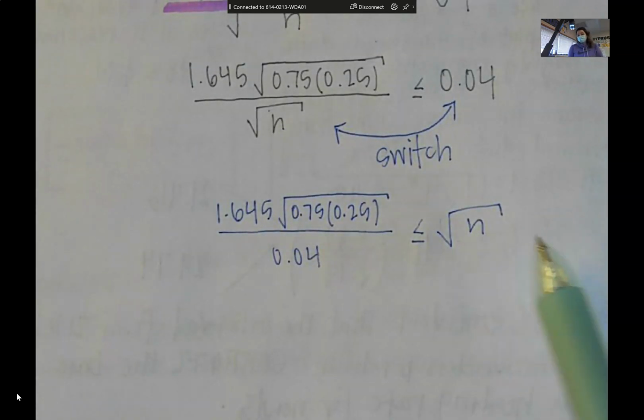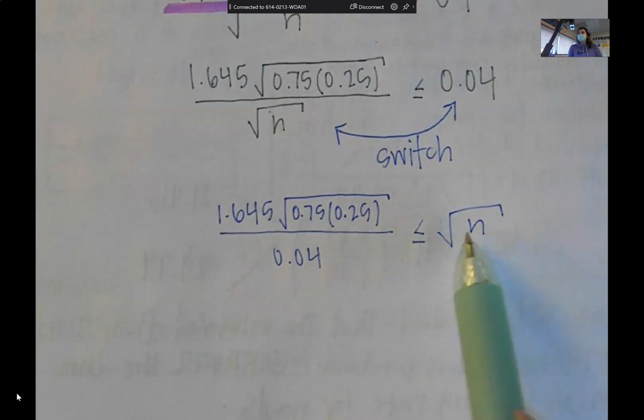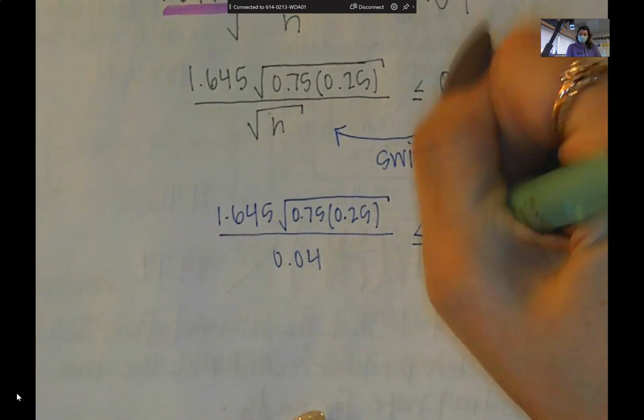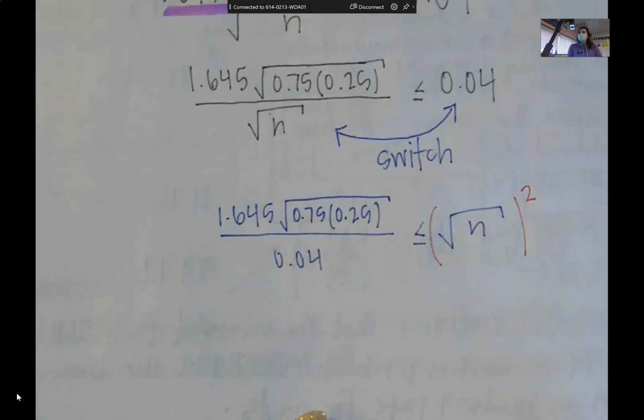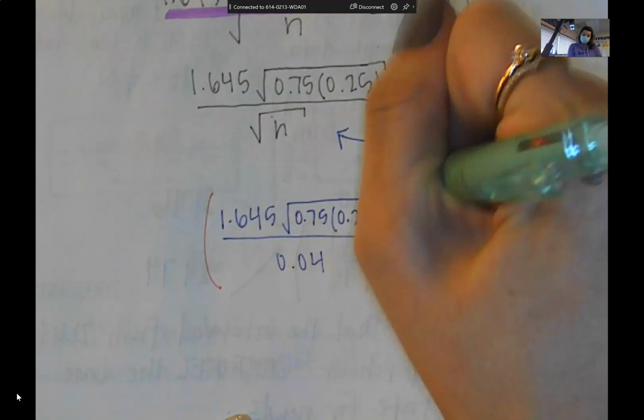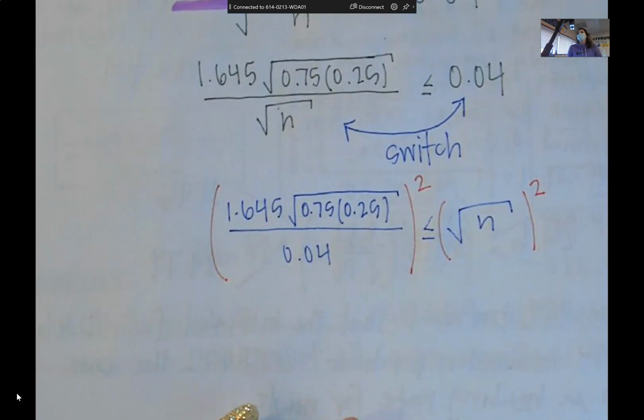Last step then is to get the root off of the n. The inverse of a root is a power, so we square both sides.